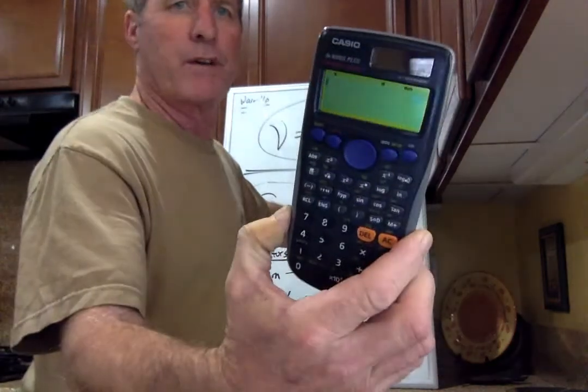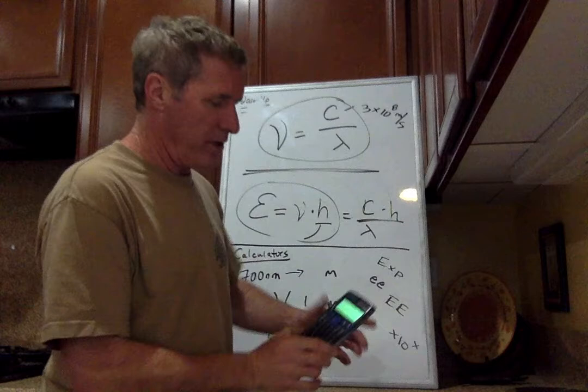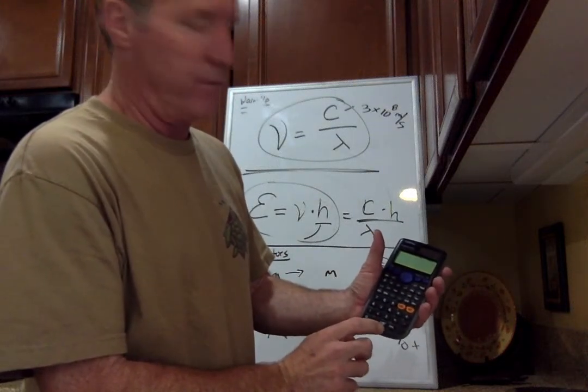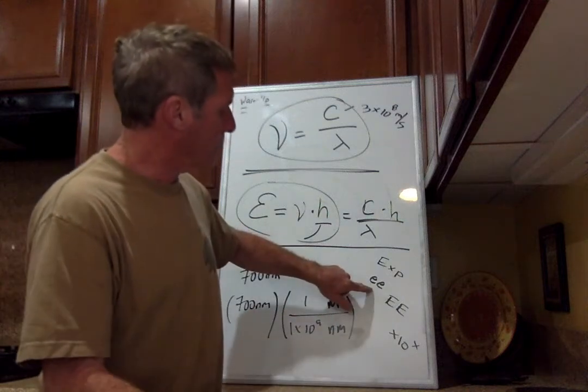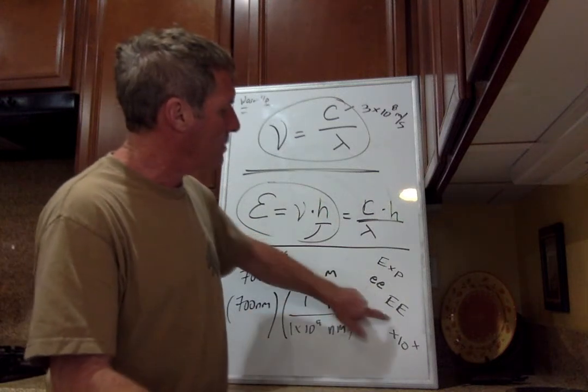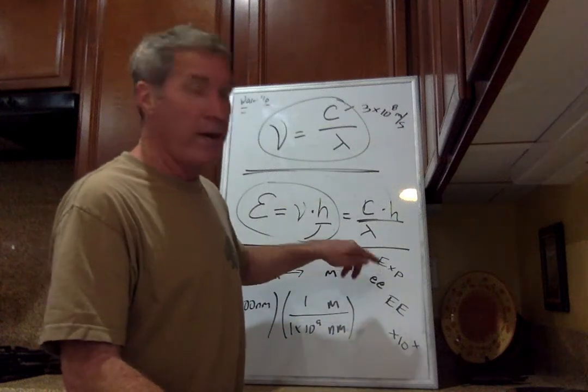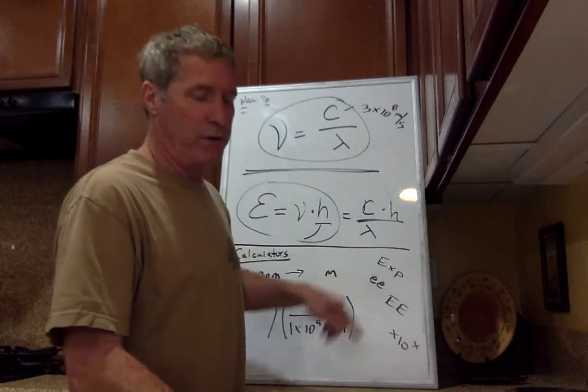On my Casio calculator here, I have times 10 to the x. It's down here in the bottom in the middle, which is very common for Casios. Sometimes you'll see lowercase e twice, and sometimes you'll see uppercase E twice. Get your calculator out right now and find out which button you have on your calculator.